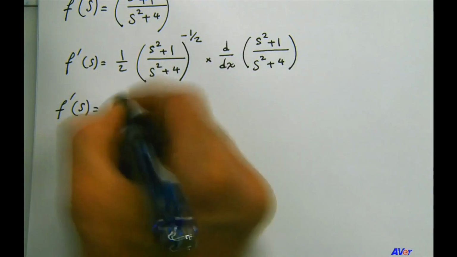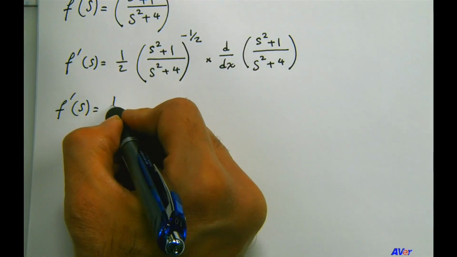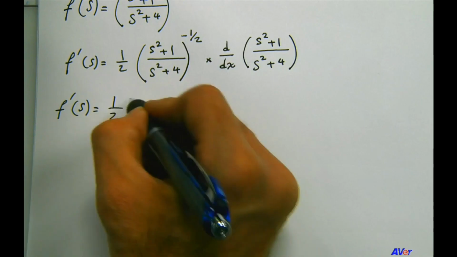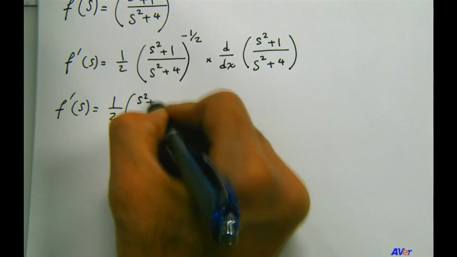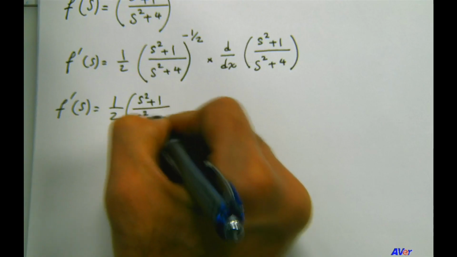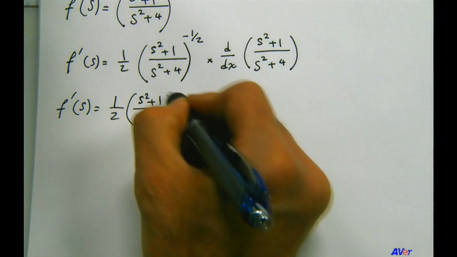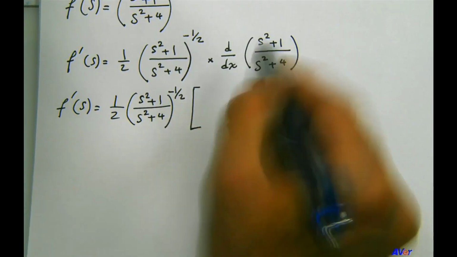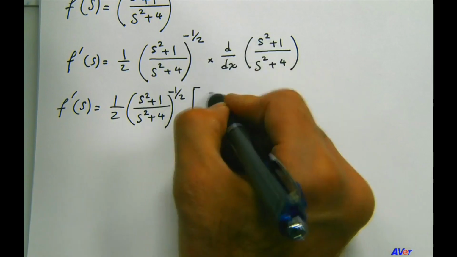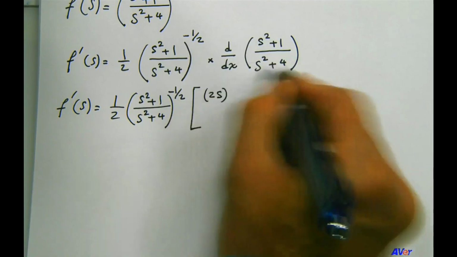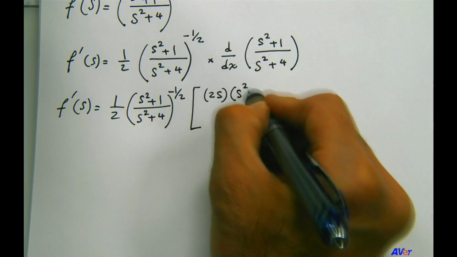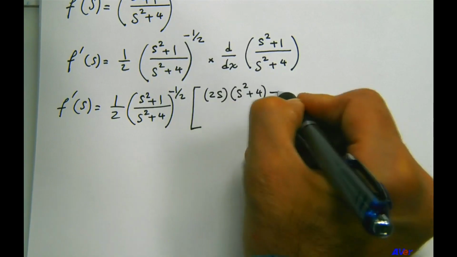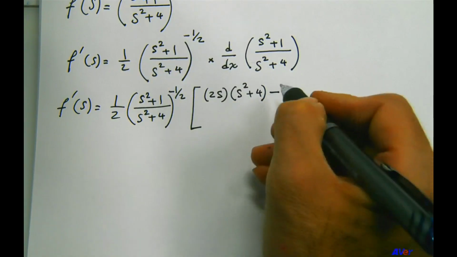f prime of s is equal to 1/2 times (s squared plus 1) divided by (s squared plus 4), to the minus 1/2 power. Now here comes the derivative of that. Inside the bracket, take the derivative of the numerator, 2s, multiply it by what's in the denominator, s squared plus 4, minus, remember the quotient rule, right?